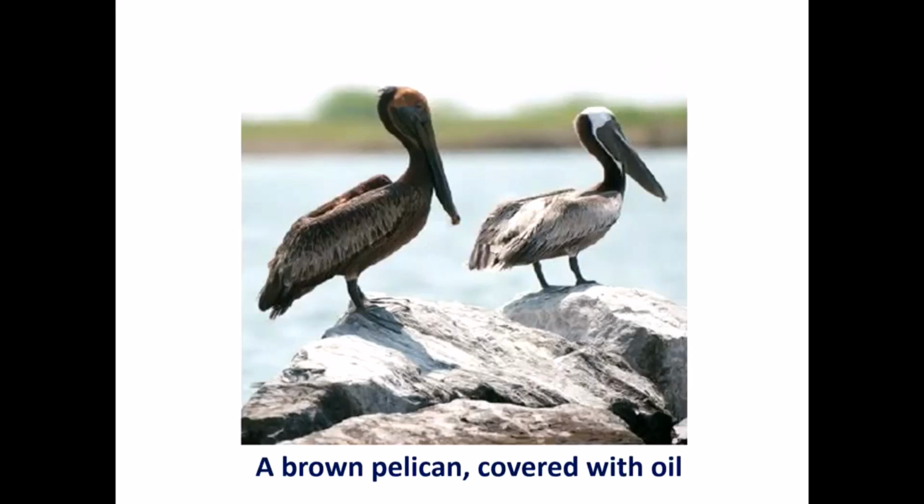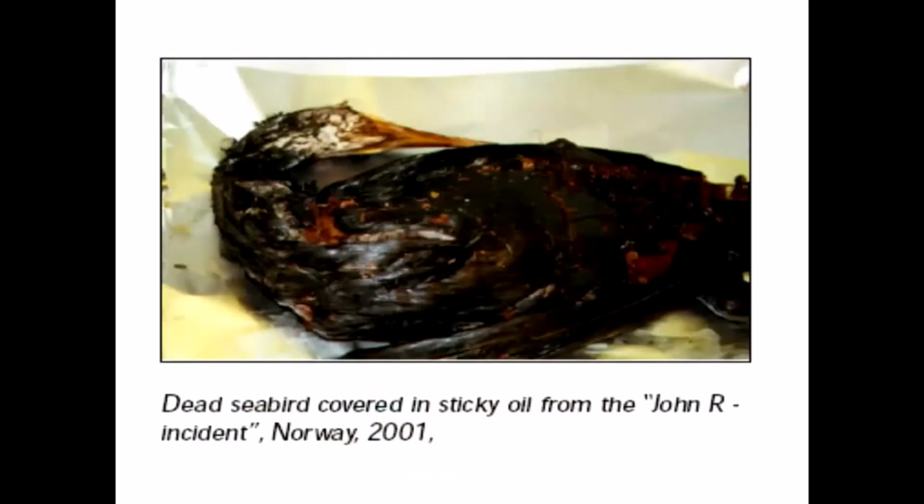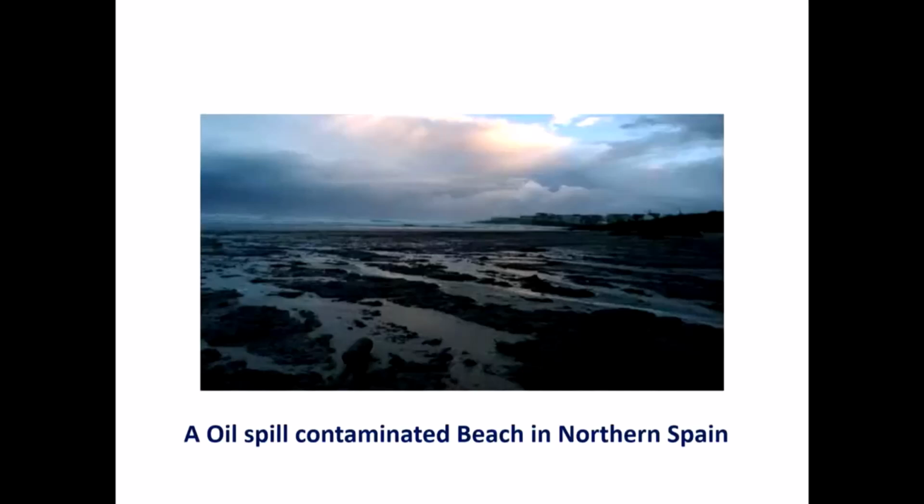And similarly, this is a brown pelican whose wings are covered with oil. They are unable to fly and are waiting for rescue. And this is a dead seabird covered in sticky oil, and this is how the flora and fauna of the coastal region are getting affected by the oil.